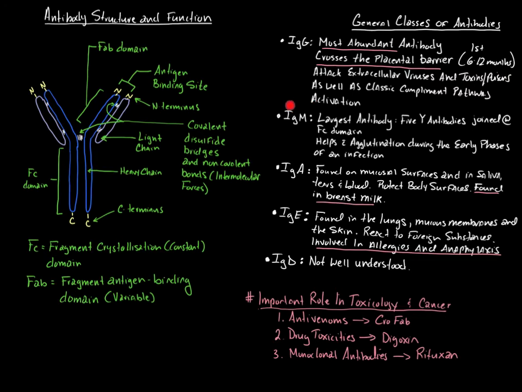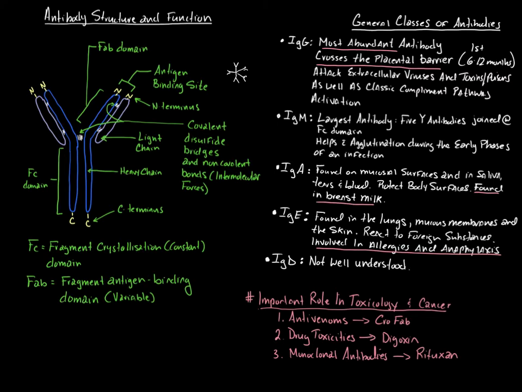Okay, IgM is the second class that I want to talk about, and this is actually the largest antibody. It does not have this typical Y-shaped structure, but rather imagine 5 of these Y-type antibodies bound together in a circular structure, something that looks like this. And that's what an IgM antibody would look like.